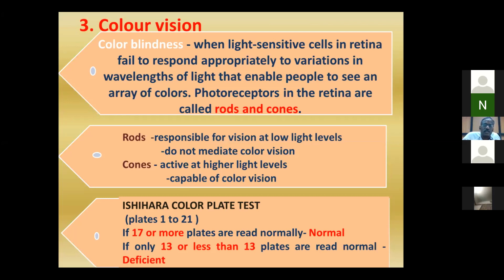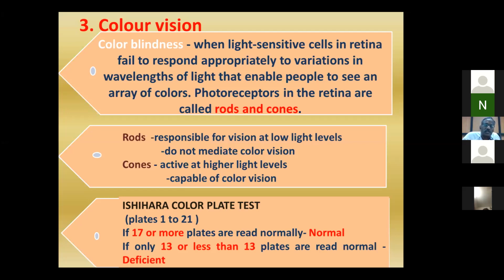Color blindness relates to rods and cones. The rod is for low light levels and is not concerned with color vision. The cones are capable of color vision. So any problem in the cones, we can have a problem in identification of colors. That is what I mean here.